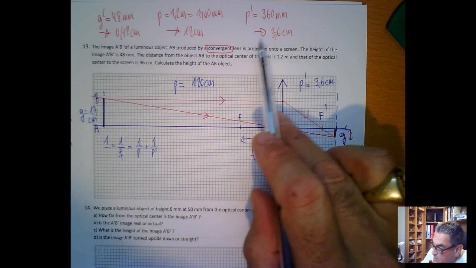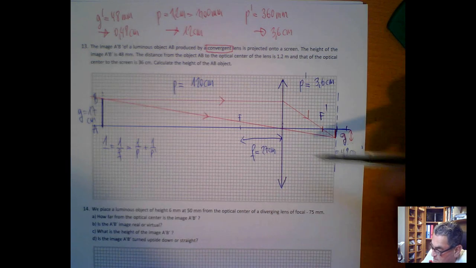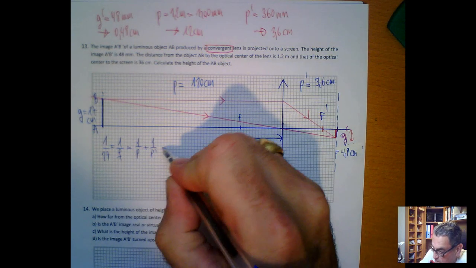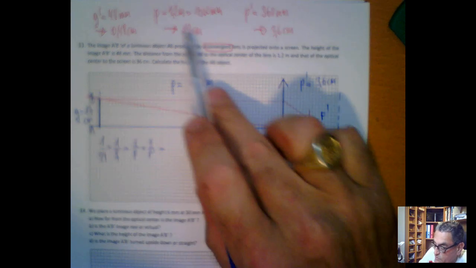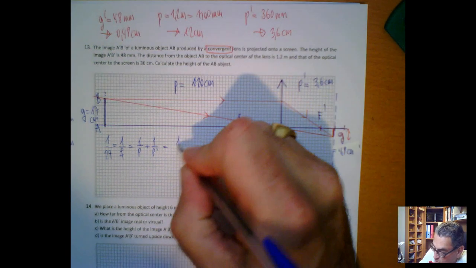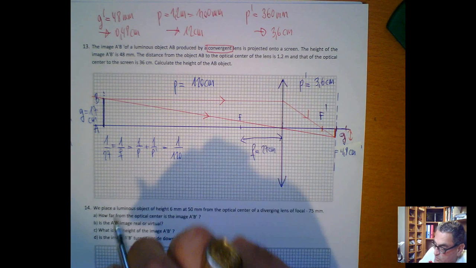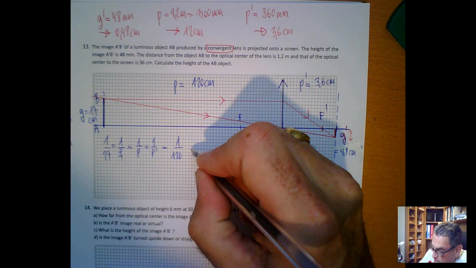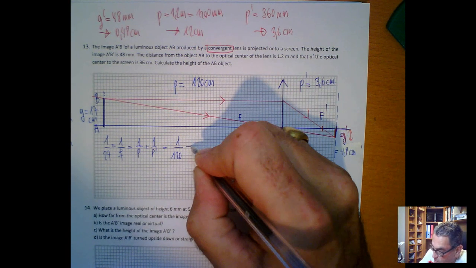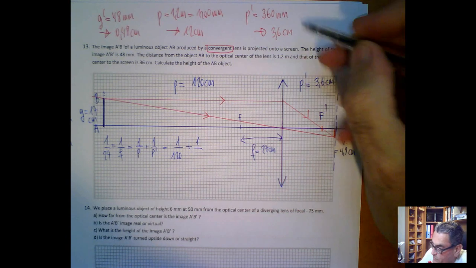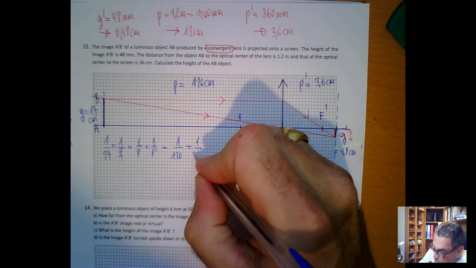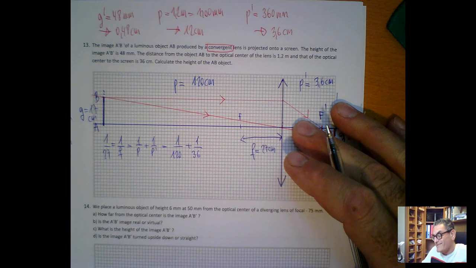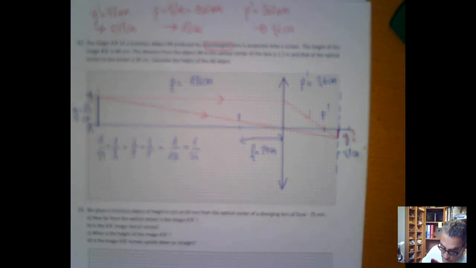Here f is 27 centimeters, so it's 1 over 27, and here it's 1 over p, which is 1 over 120, plus 1 over p prime, and p prime is 36. Okay, let's see. It sounds okay, but let's check it.